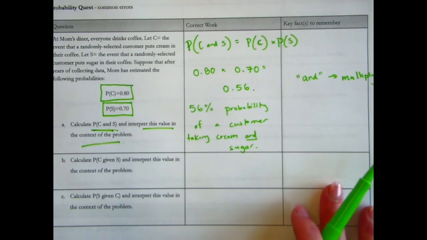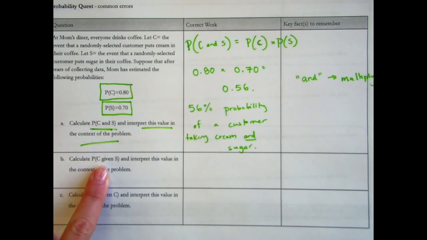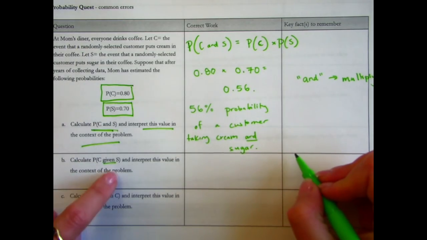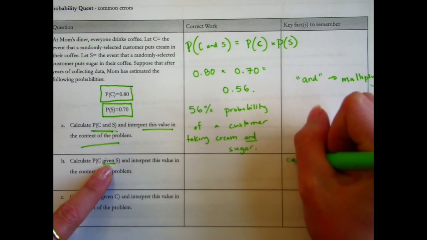Okay, next one, the probability of C given S, and then to also interpret the value in context. So given in probability tells us we're going to be using the conditional probability formula.